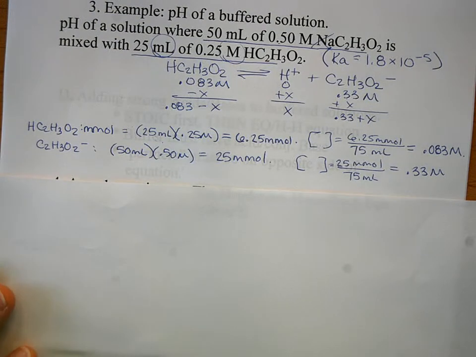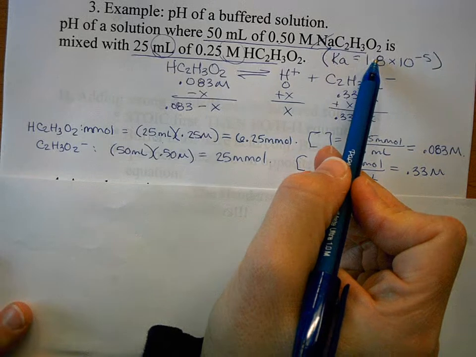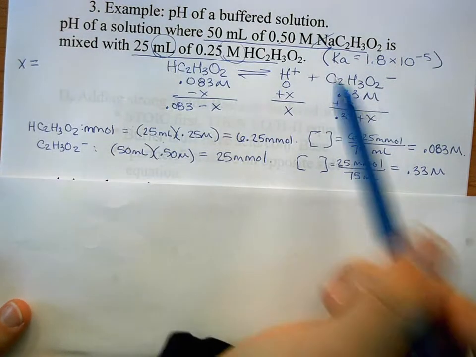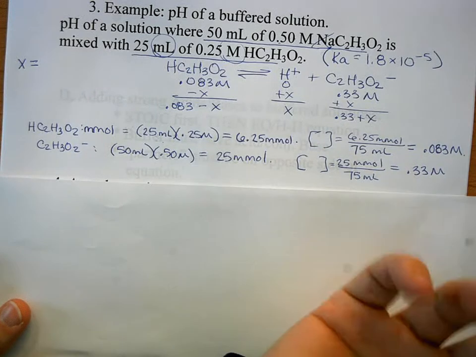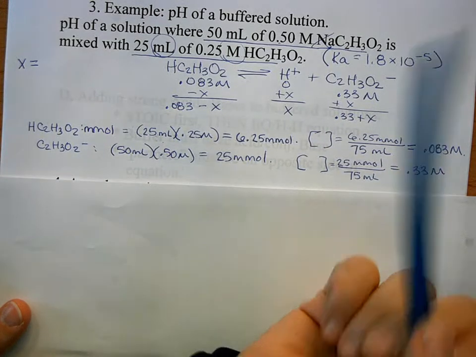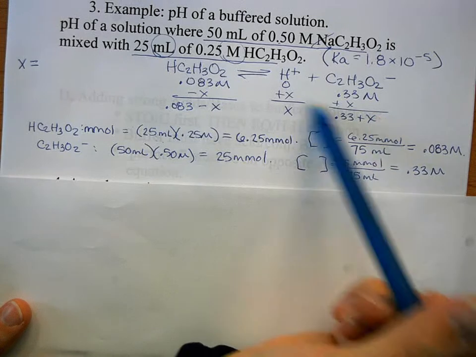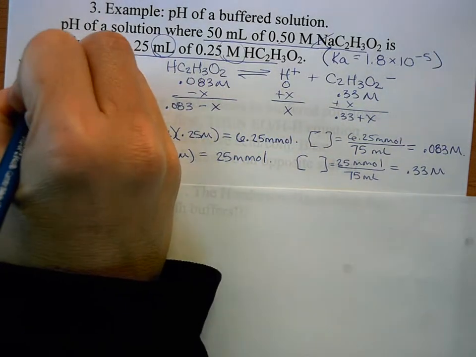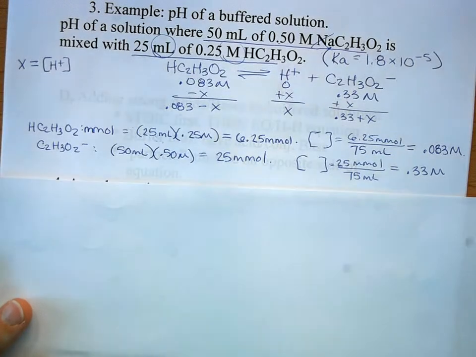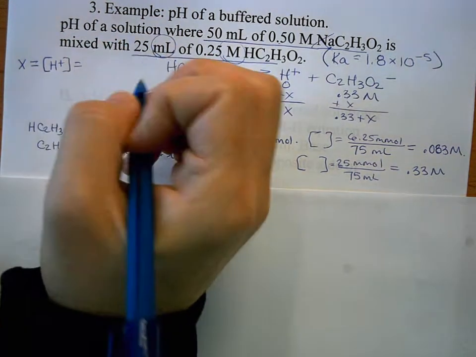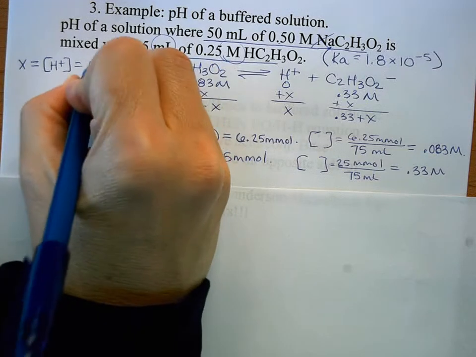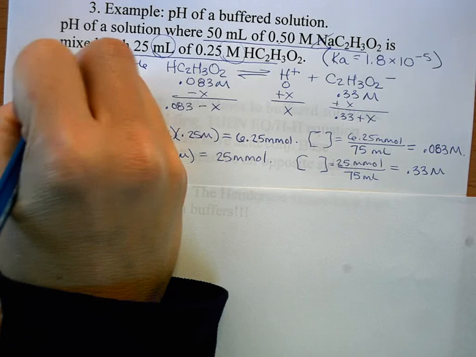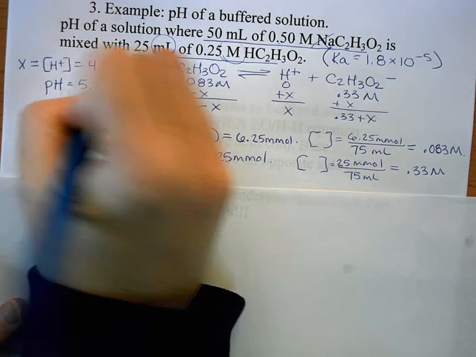Solving for x, and I gave you Ka values, you should go back and make sure that you can calculate this properly using your ice table. So x is equal to, and again, get in the habit of writing this, x equals my hydrogen ion concentration, which equals 4.5 times 10 to the negative 6. Negative log of that, my pH is 5.35.